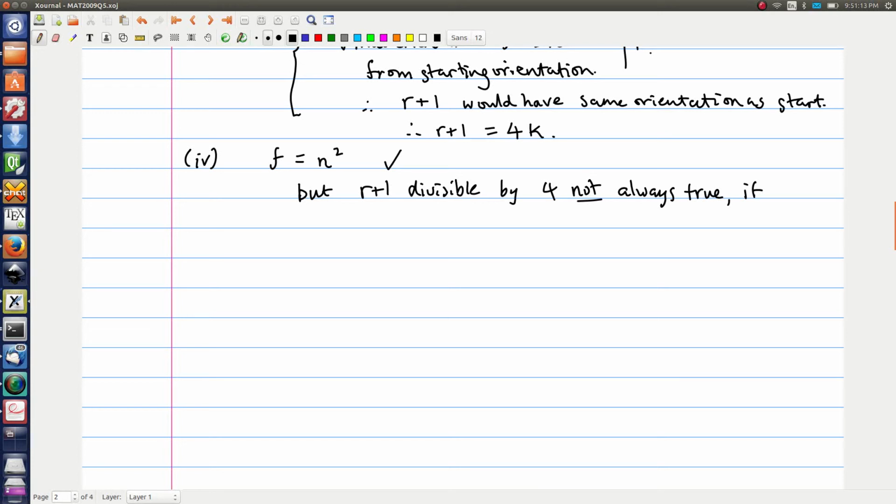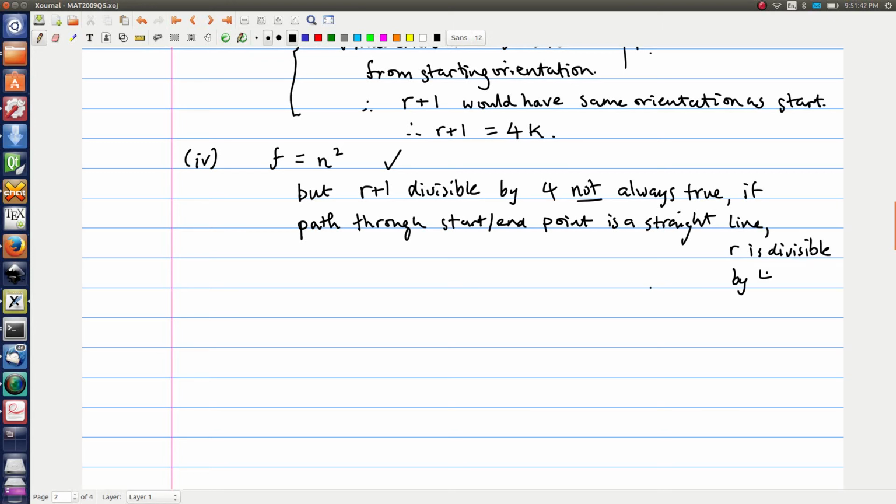If, let's say, the path through the start and end point is a straight line, we can see that in that case R is divisible by 4, because it means that the orientation at the start and end are the same, which means that R is a multiple of 4, we could say.